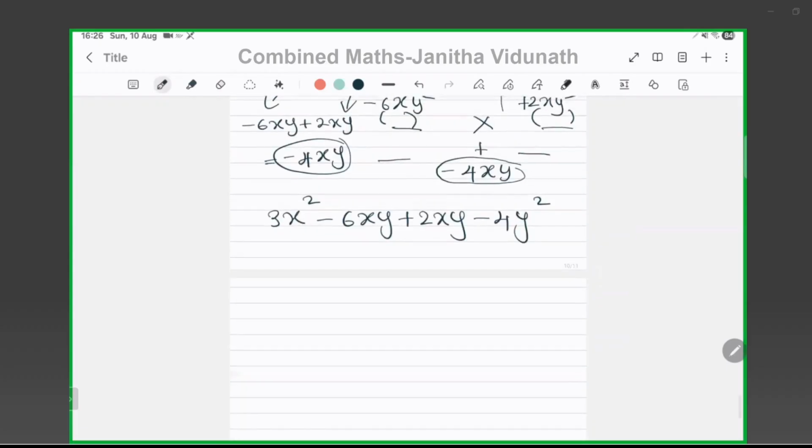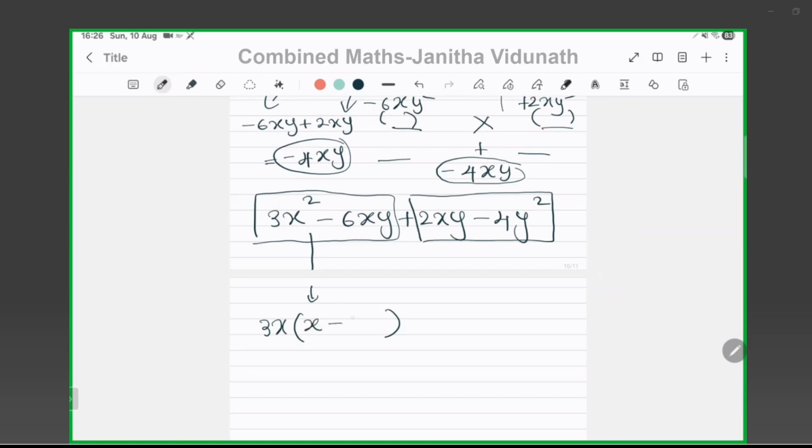Then we take these two terms and these two terms separately and try to find whether they have common factors. Here we can have 3 times x as common for the first two terms. Then the remaining terms are x and minus 2y.